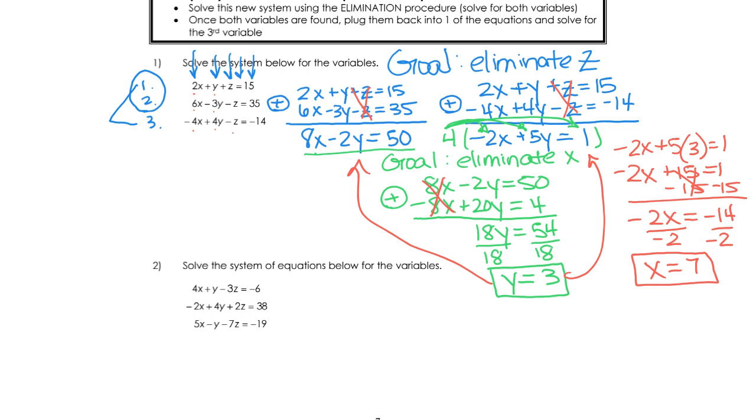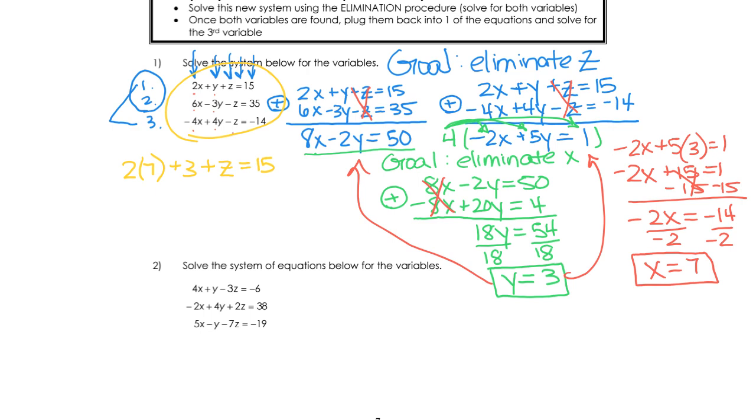Now what we're going to do is go back to these original 3 equations. And it's up to you, whichever one you want to pick. I'm going to pick the first one. And so we'll go ahead and do 2, but x comes out, 7 goes in since we just solved for x. We're going to add y, which is 3. We're going to add z, which we don't know yet, equal to 15.